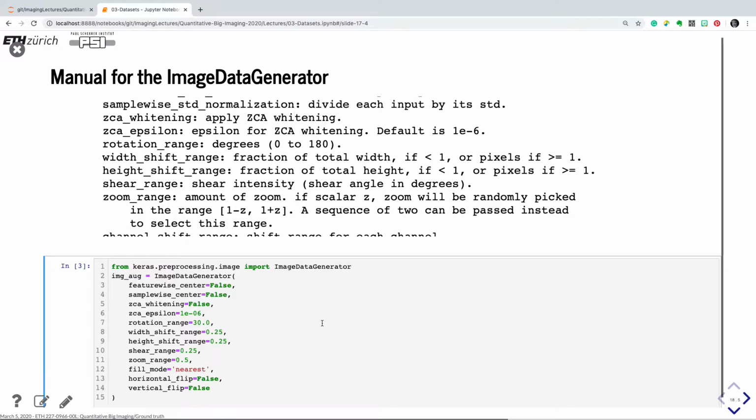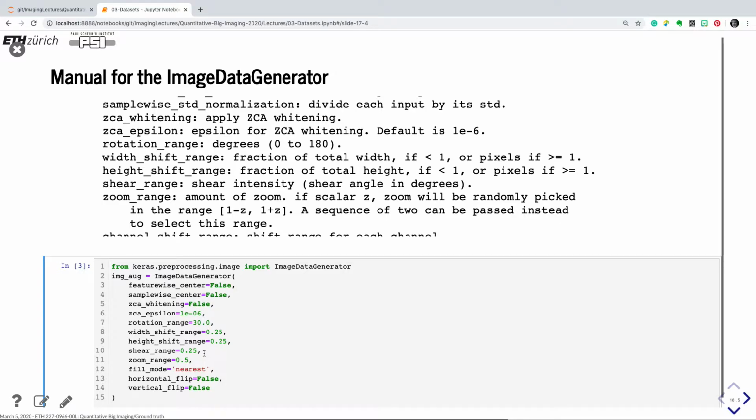What it does is you set up the data generator with some interval limits. So if you look here, for example, the rotations are allowed to be within 30 degrees. The width shift range is 25% of the image size. Also the height shift. Shear range, that means shearing, so pulling it in different directions.